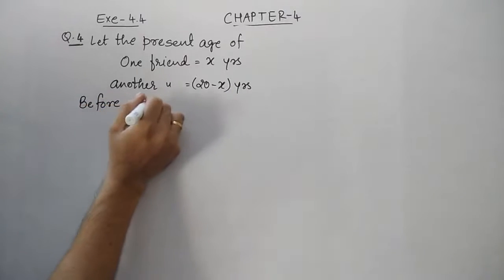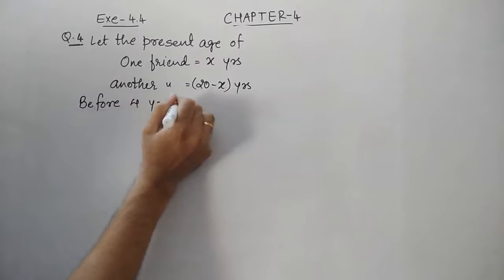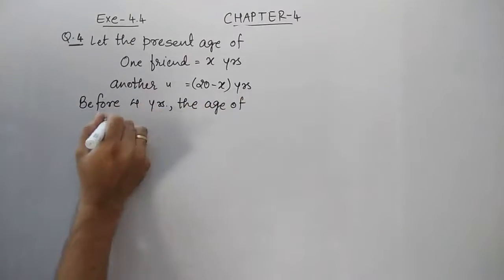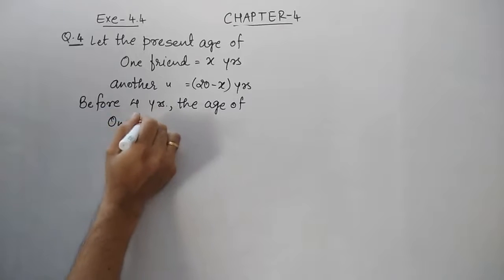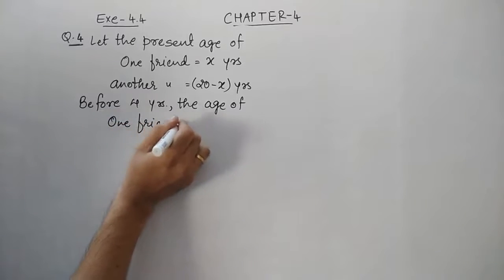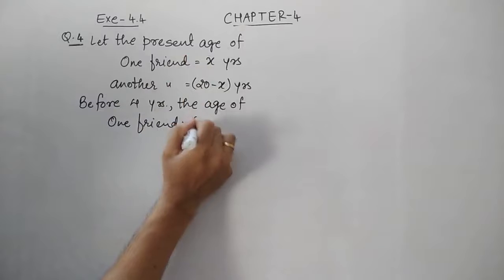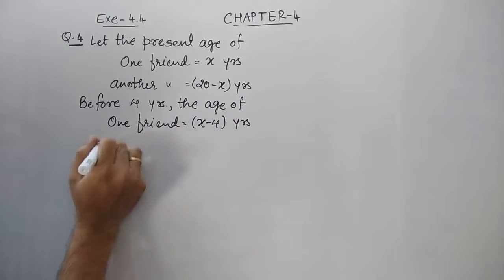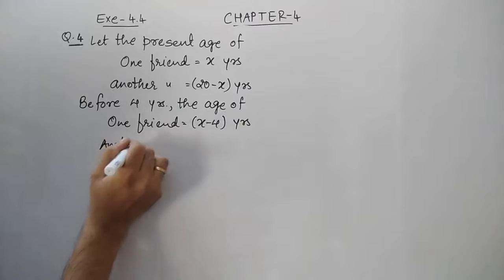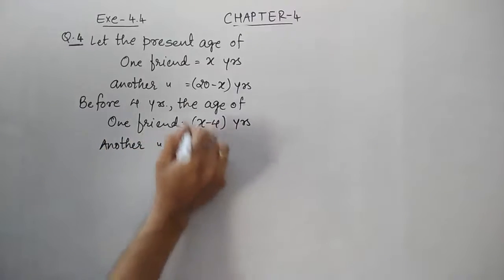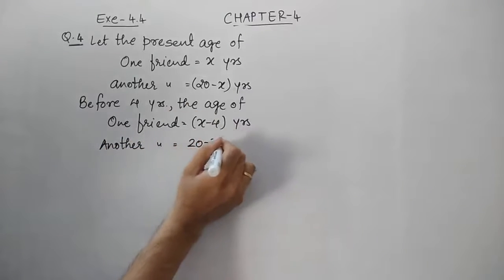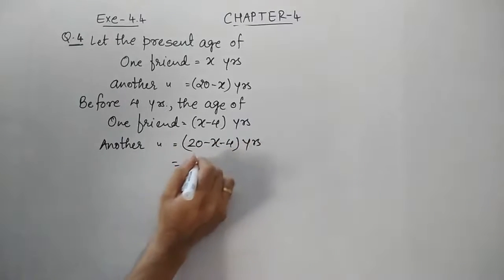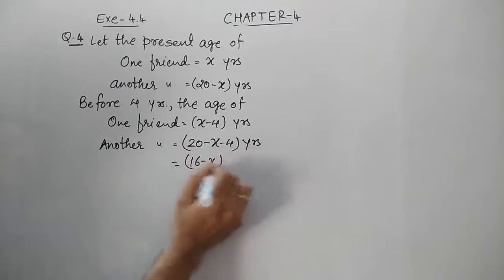Before 4 years, the age of one friend, as it is 4 years ago, we have to subtract 4 from the present age, so x minus 4. And another friend, or we can say second friend, the present age is 20 minus x, we have to reduce 4, so that will be 16 minus x years.